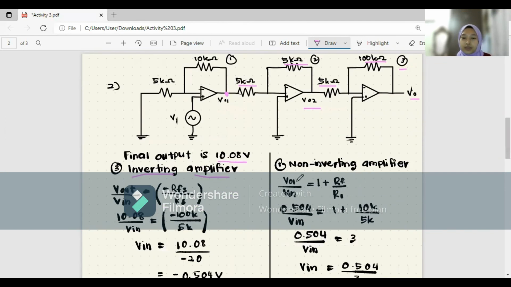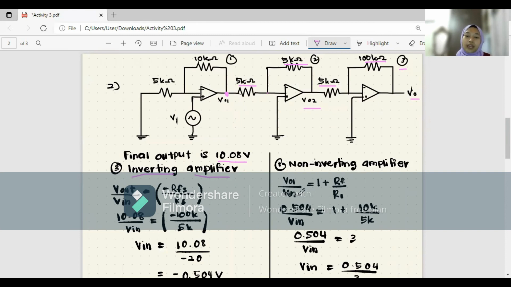The formula that we must use is V output 1 over V input equals 1 plus RF over R1. What I mentioned just now is that the voltage input for the second amplifier is equal to the voltage output for the first amplifier, which is the non-inverting amplifier.